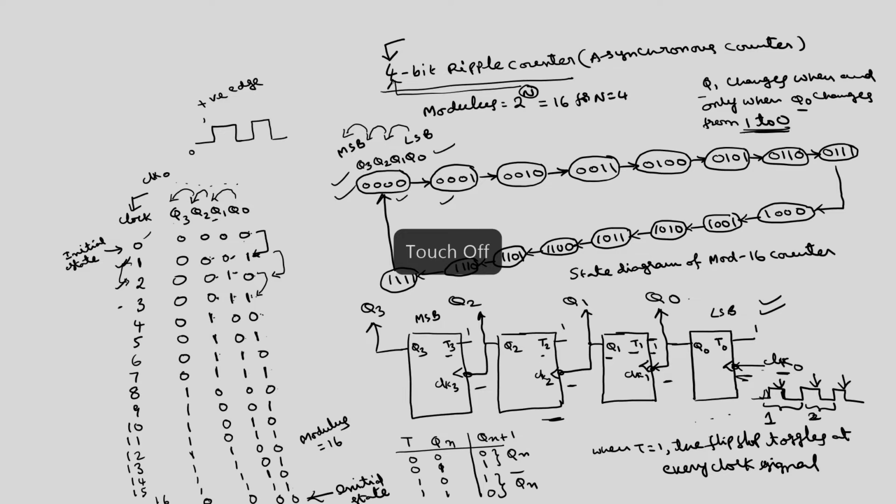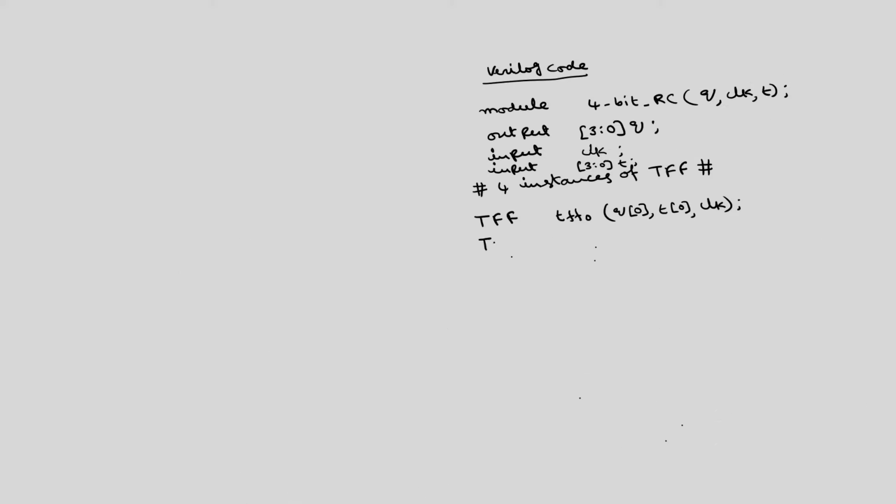You can see from this diagram. For this one, output is Q0, input is T0 and clock is the external clock. Whereas for the next one, input is T1, output is Q1, clock is Q0. So, TFF1: output will be Q1, input will be T1, but in place of clock we have Q0.